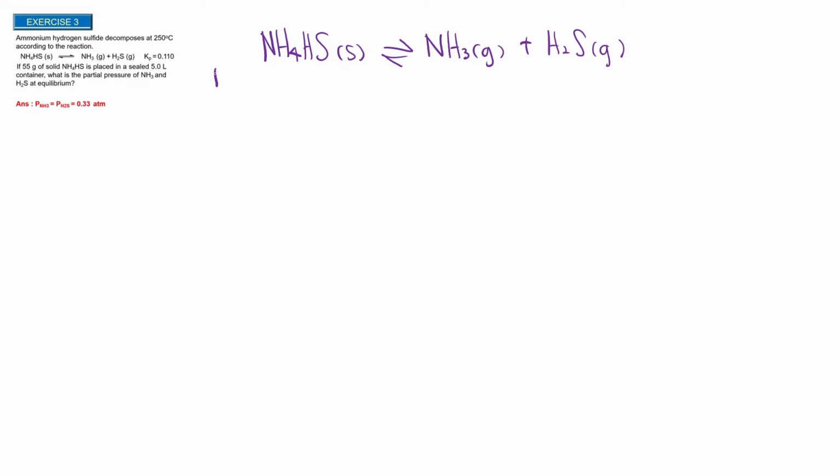So for the initial pressure, this is the trick. Do you see? They give a solid here. Actually, if it is a solid, we just put a dash here. This one is initially 0, 0. The change in pressure is a dash here, this one is plus X, and this one is also plus X. So pressure at equilibrium is a dash here, and then 0 plus X is equal to X, 0 plus X equal to X.